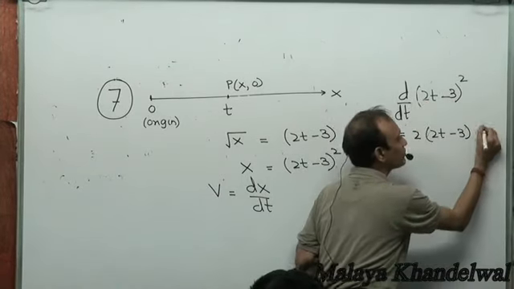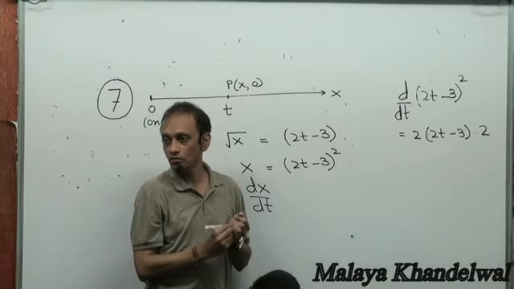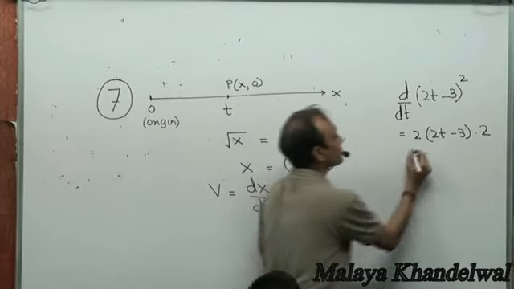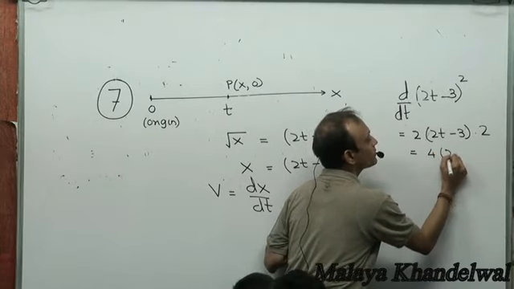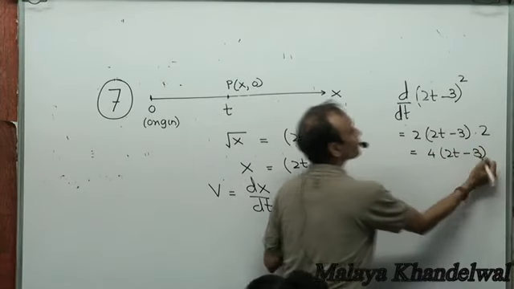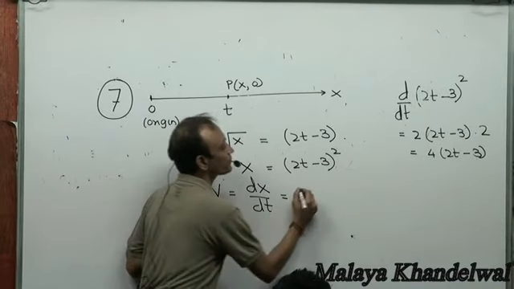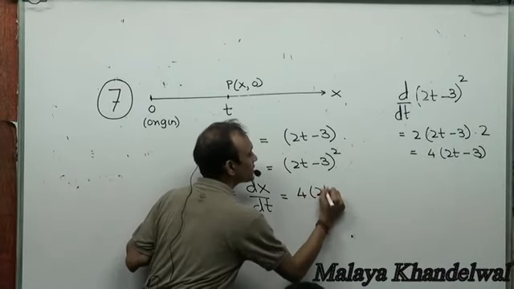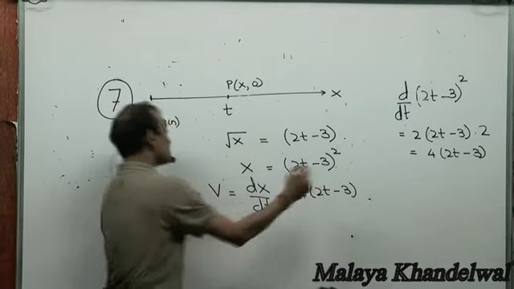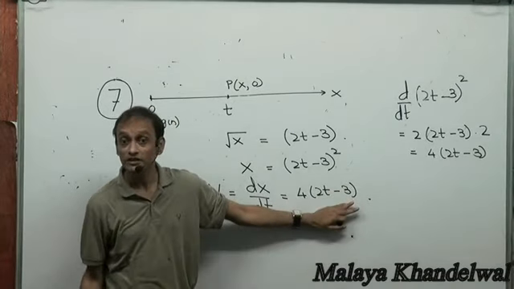Do you all understand whatever I have done here? Chain rule, right? So which is like 4 into 2t minus 3. Yes or no? So dx dt is going to be 4 into 2t minus 3. That's the velocity at various instants of time.